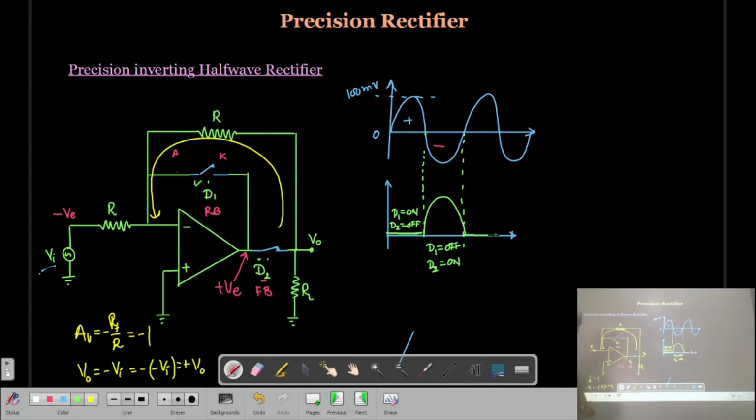So it will not be in saturation. Correct? So that is the advantage. Here this output voltage is going to be the inverse of the input voltage, and therefore it is known as an inverting half wave rectifier.